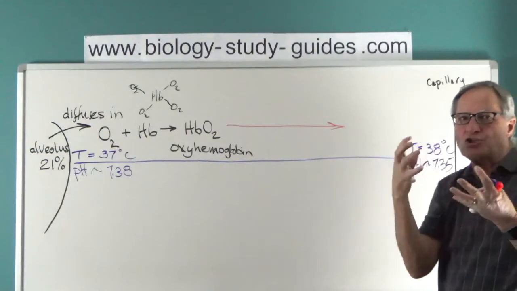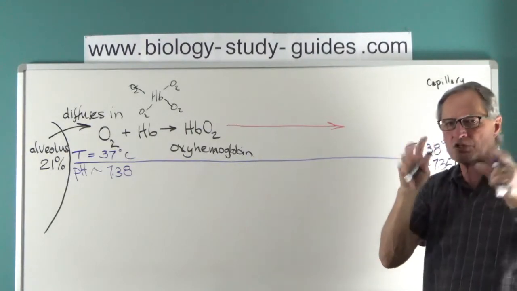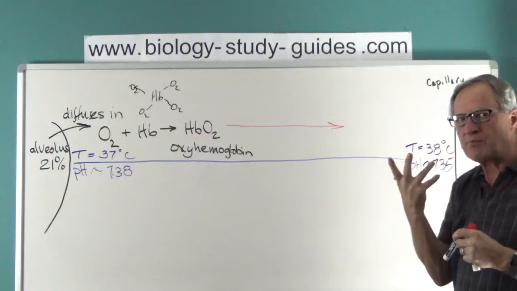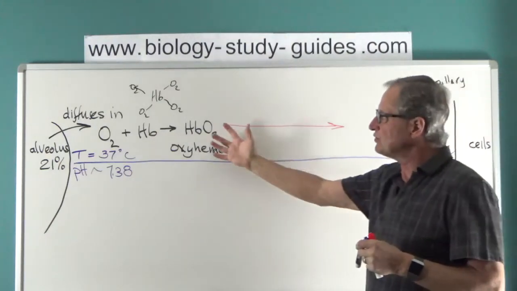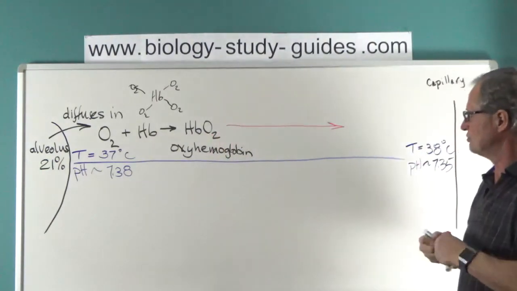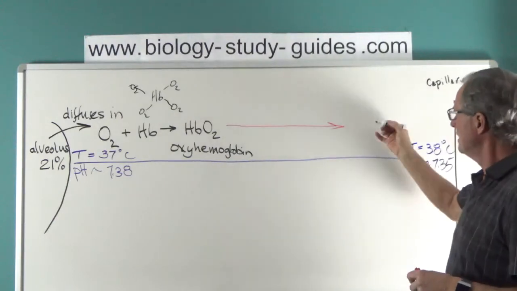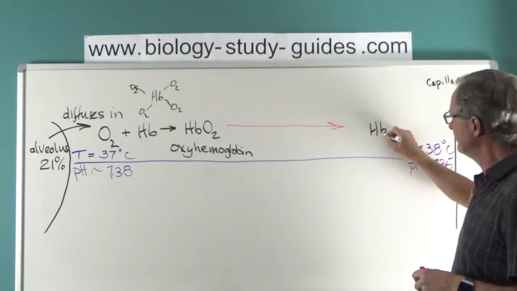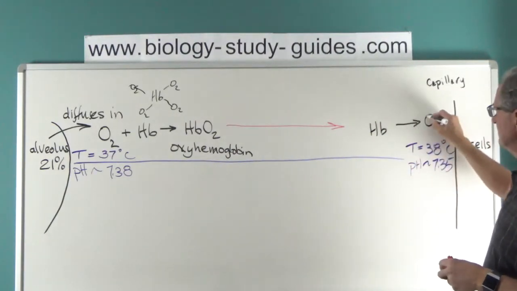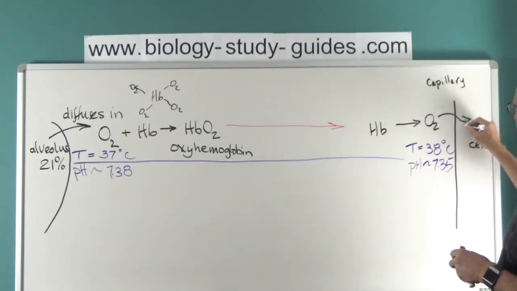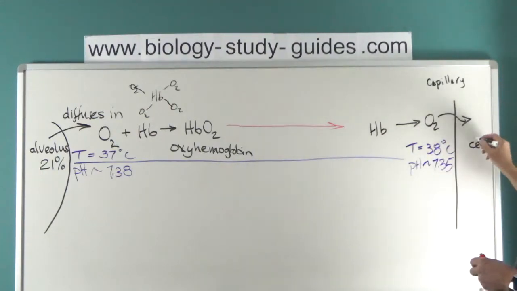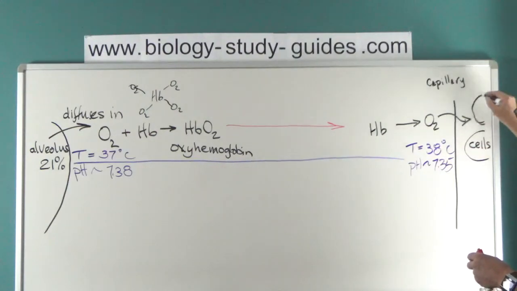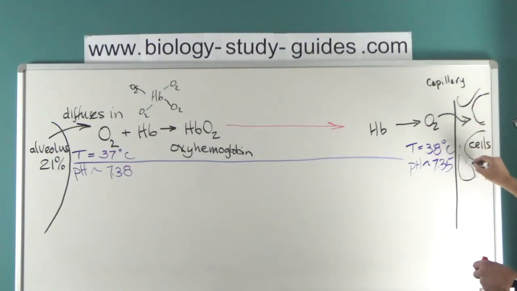It doesn't denature, but it does change shape just a little bit, and that changed shape of hemoglobin allows it to release the oxygen. So what quite simply happens is hemoglobin releases the oxygen, and the oxygen diffuses into, not into the cells, but into the fluid around the cells. Okay, I'll draw cells like that. So it goes into the fluid here.